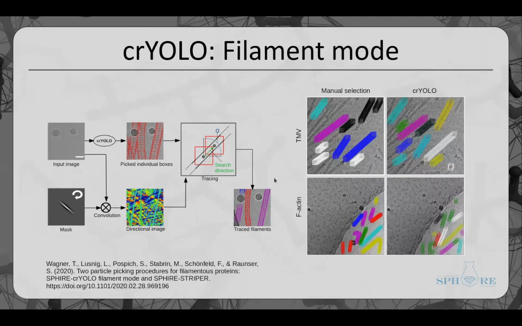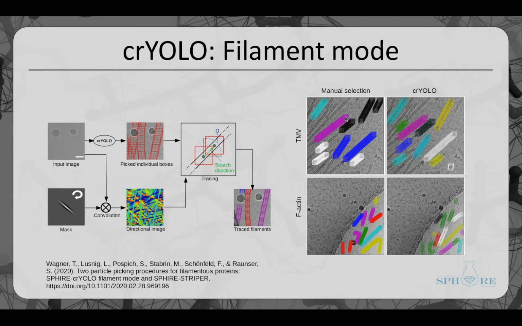If we look at a couple of examples, here, for example, TEAM B, this is the manual selection. And this is the result of crYOLO. You see that crYOLO is able to reproduce pretty much what the user had selected before.